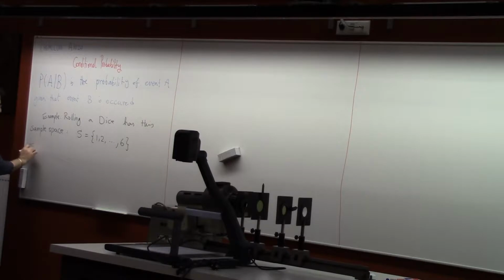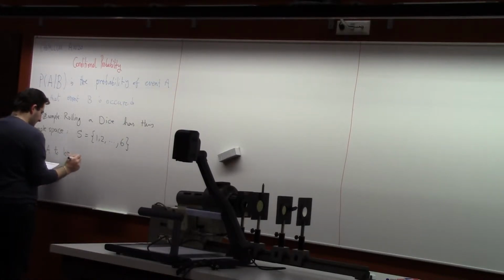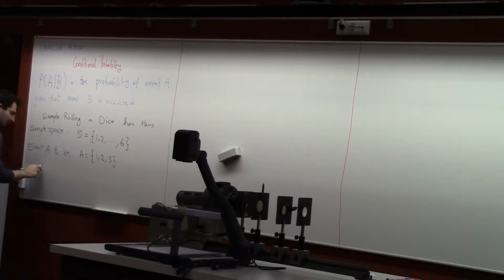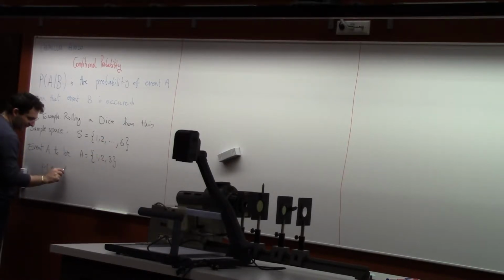Let's define event A to be 1, 2, 3. So what is the probability of A? We have 3 out of 6, so it's 3 over 6, so it's 1 over 2.